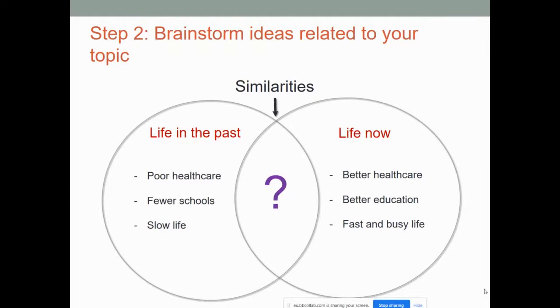Life now is more complex, more complicated, difficult. So it's up to you. Whatever you want to write, you can choose as per your thinking. So you have to think before you write, and you have to choose at least minimum 3 points for each area of comparison, so that you can write down your paragraph well.